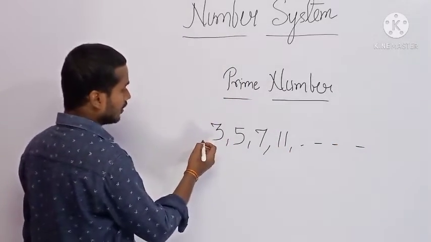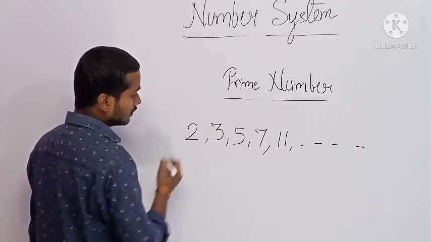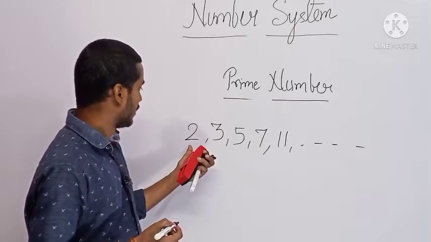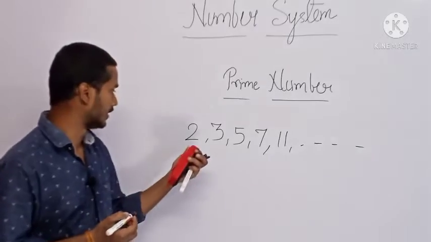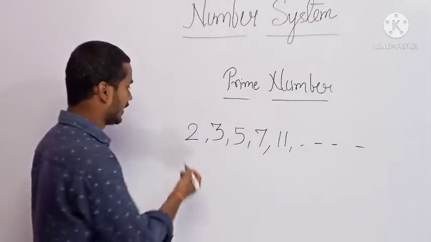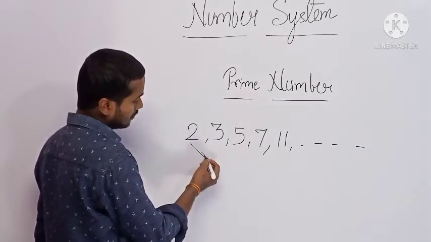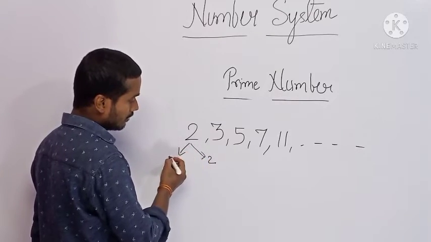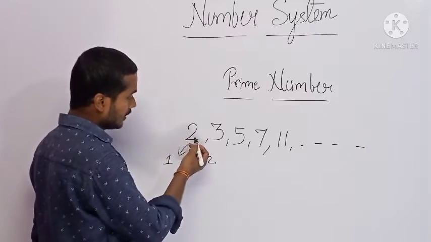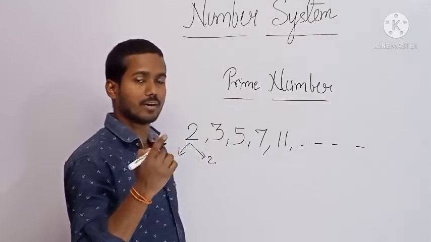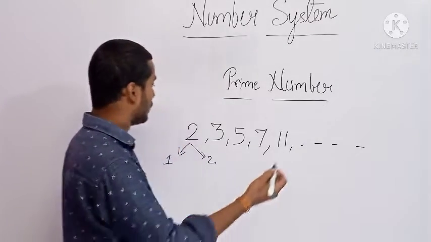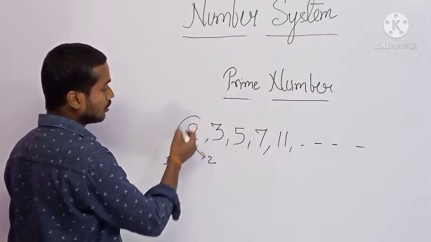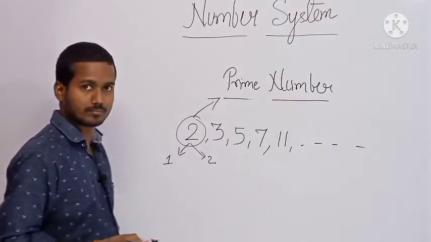But before that, the number 2 comes. What can you say about 2? Is it a prime number? Let's check. 2 is divisible by 2 and it is also divisible by 1. Or you can say 2 has only 2 factors, 1 and 2. So by this definition, 2 is also a prime number.